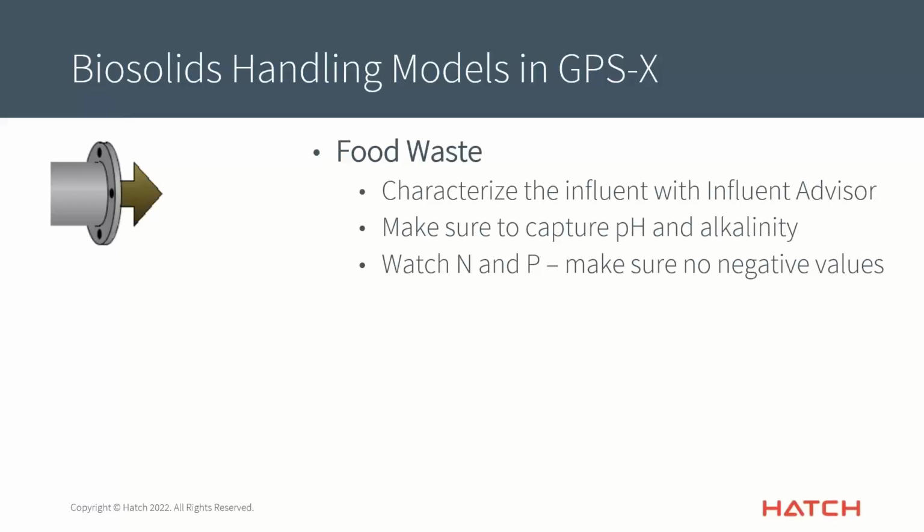So what you need to do is characterize the FOG or industrial waste or food processing waste from the winery or brewery or meat processing or wherever it's coming from. You need to be able to set that up, and you can use the regular GPS-X influent object for that.